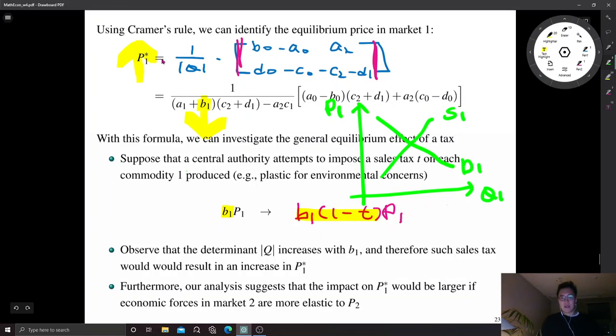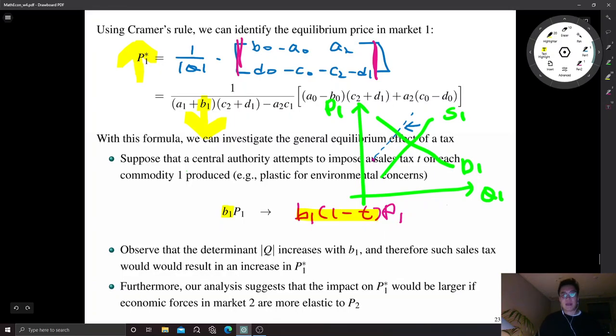If tax T is imposed on producers, you can easily expect the supply curve will shift to the left like this, because at each price, such a tax T undermines the incentive to produce and supply units to the market. So the quantity supplied at each price will decrease. As a result, the supply curve will shift to the left like this.